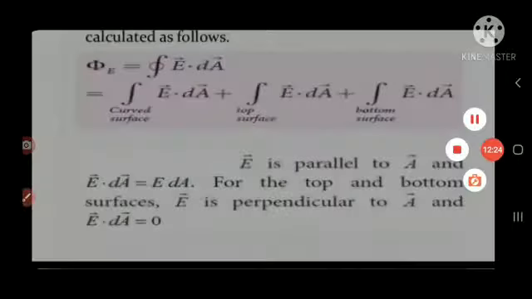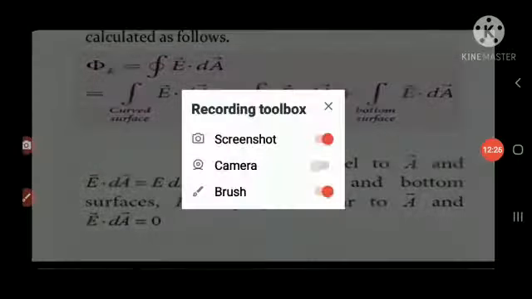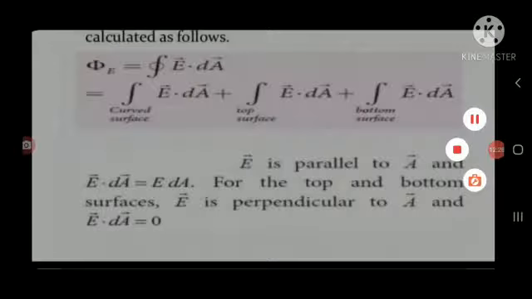Now you see the total flux phi E is equal to the integral of E dot dA, or ds. We already told you there are three surfaces.